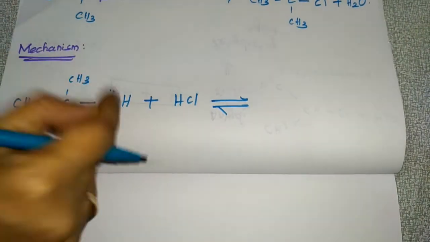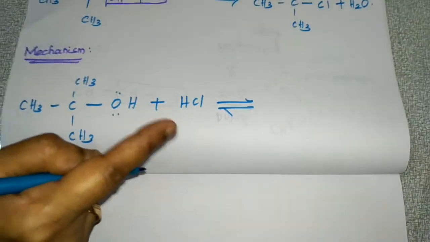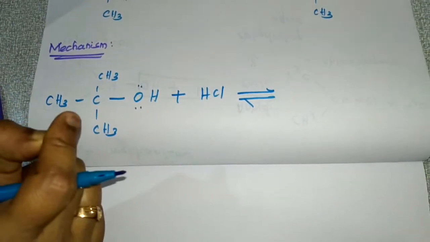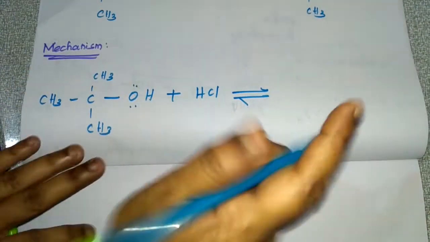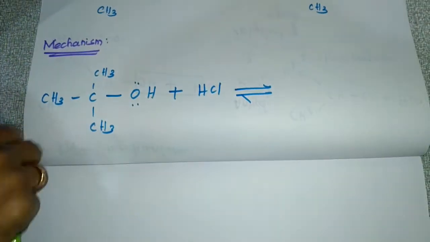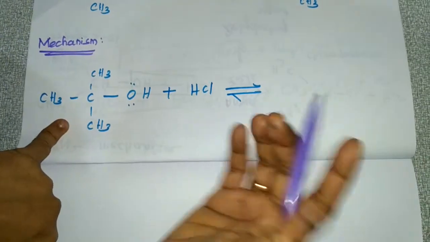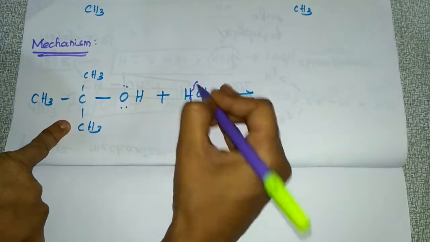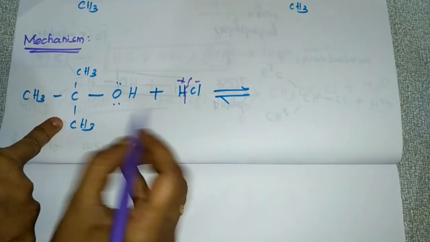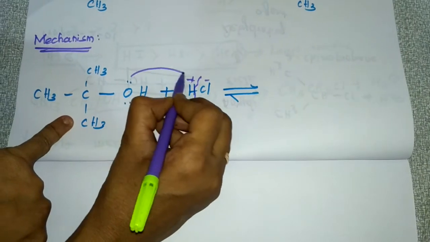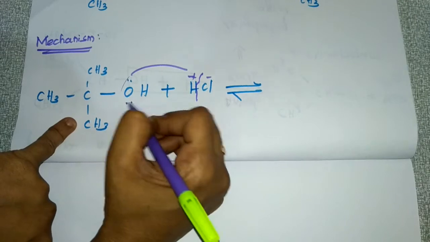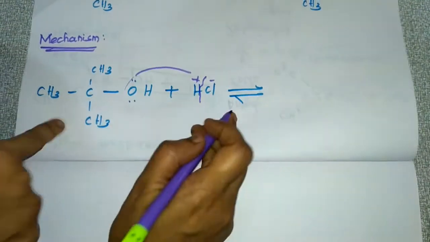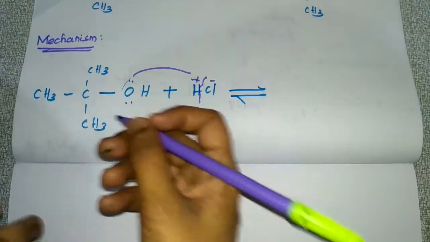Step 1 means you should know what type of mechanism it is: SN1 mechanism. This is the first step. Here we have H plus and Cl minus. This H plus will get attacked by the lone pair of electrons present on the oxygen.